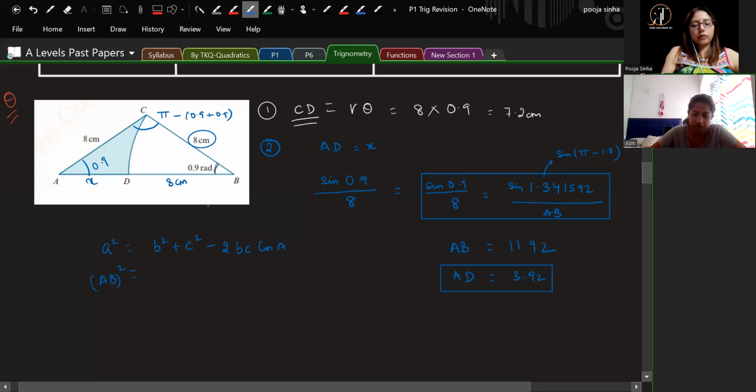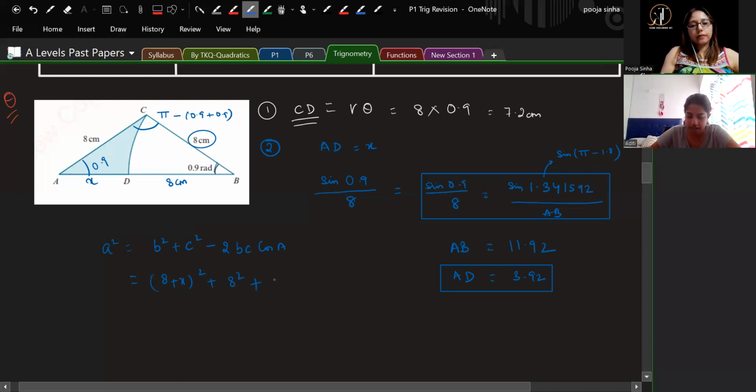Give me a moment. Okay, can we use the cosine rule here? We can. If we want AB, then 8 plus x, whole square, plus the opposite side, that will become c square.